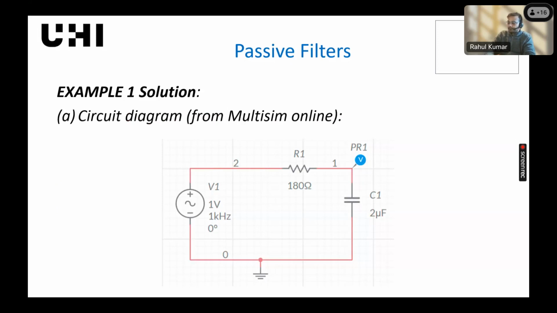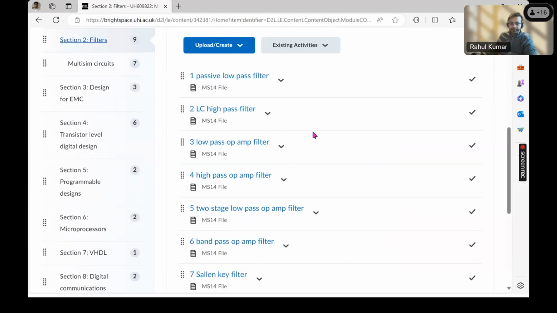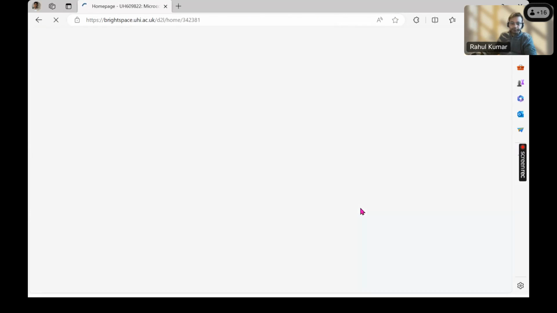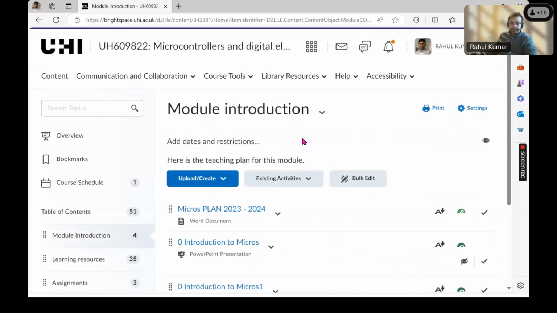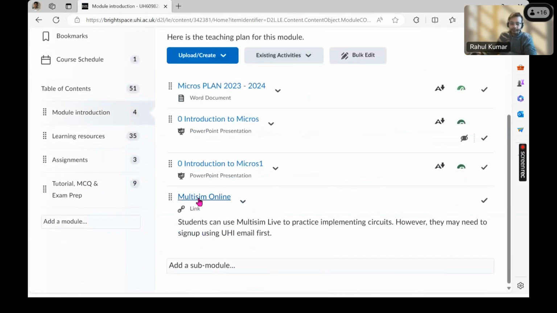So this is the Multisim circuit. I've used Multisim Online. Even you as a student can also use Multisim Online. I will quickly show you the link. If you go on your Brightspace and go to module introduction, just yesterday I added the link for Multisim Online.